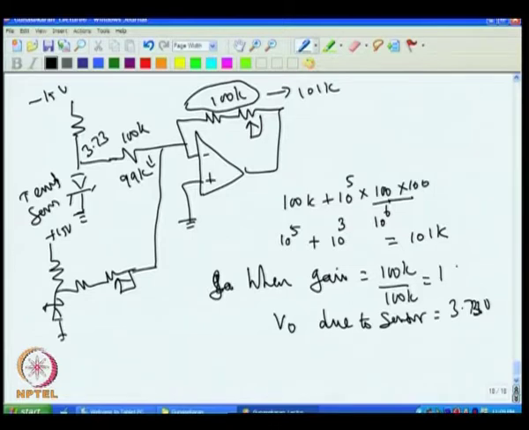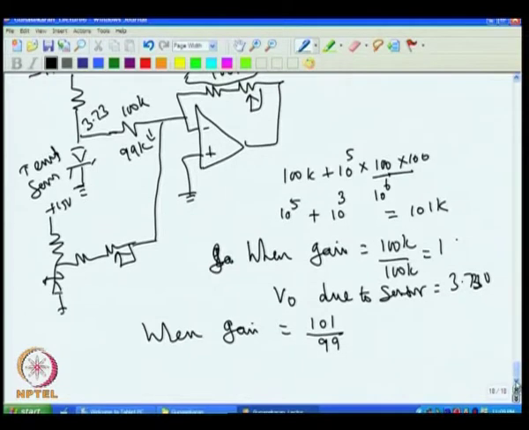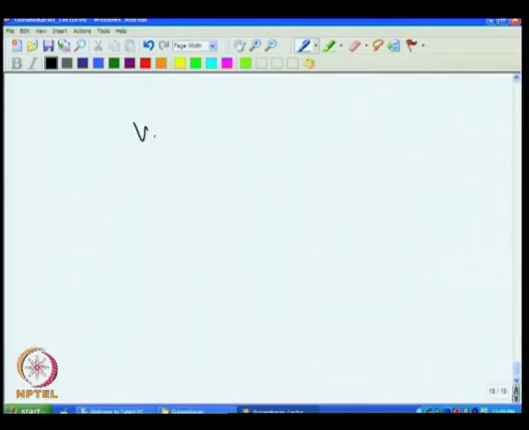At high temperature, the gain actually becomes 101 divided by 99, then V0 actually becomes 3.73 into 101 divided by 99. That definitely goes more than 3.73.